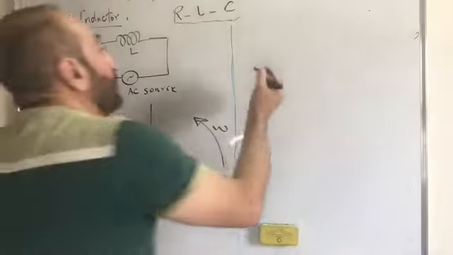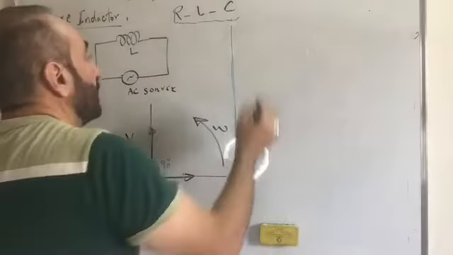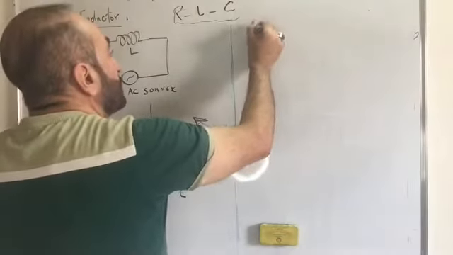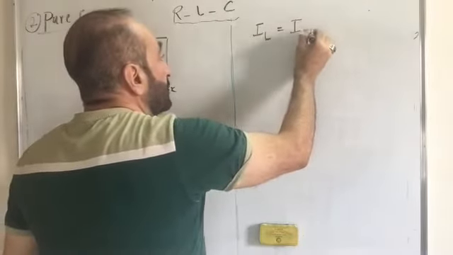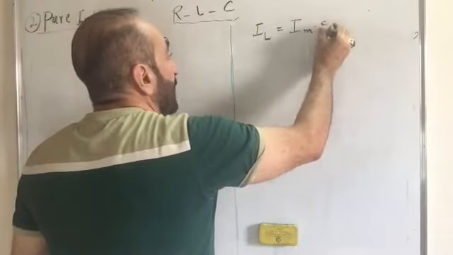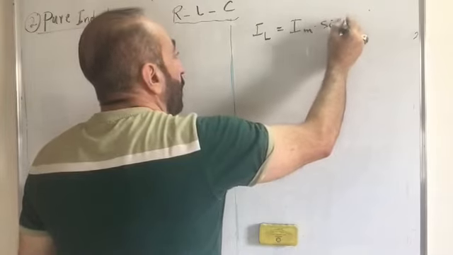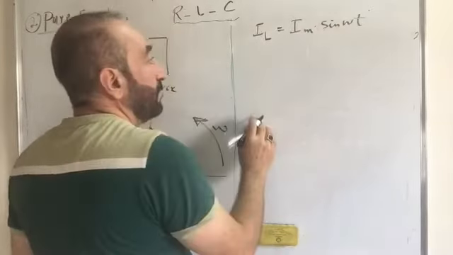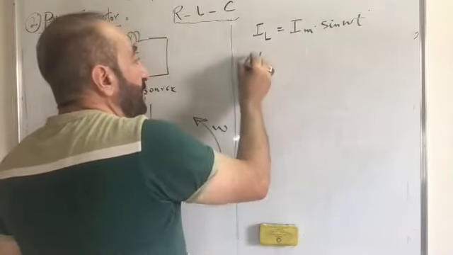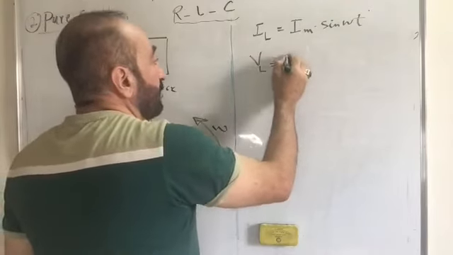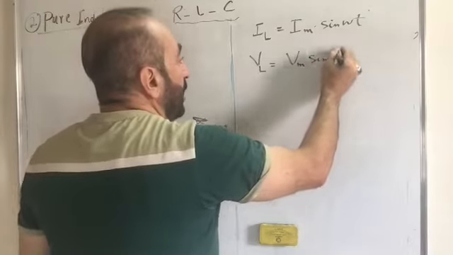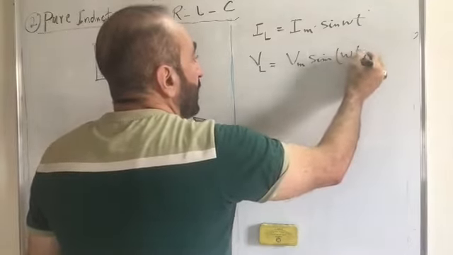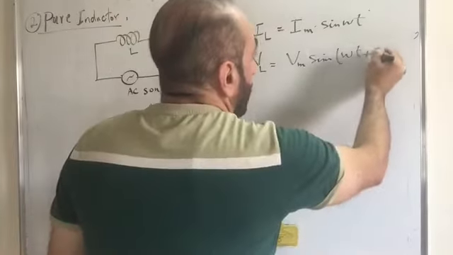Now to write down the relations: I sub L equals I max times sine omega t. V sub L equals V max sine omega t plus pi over 2.